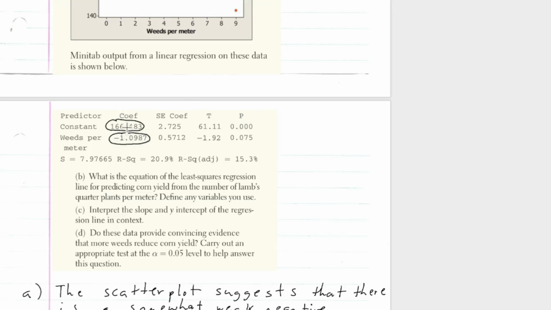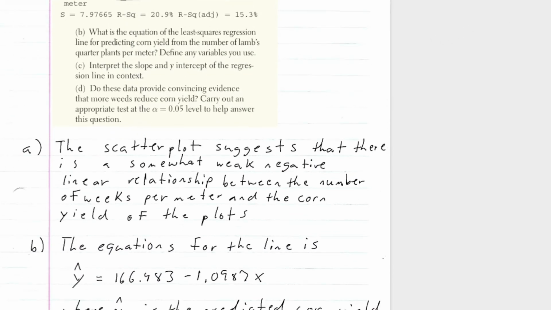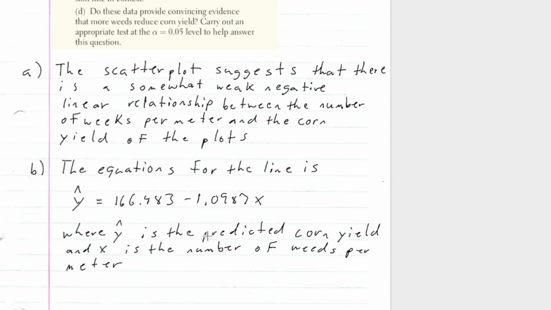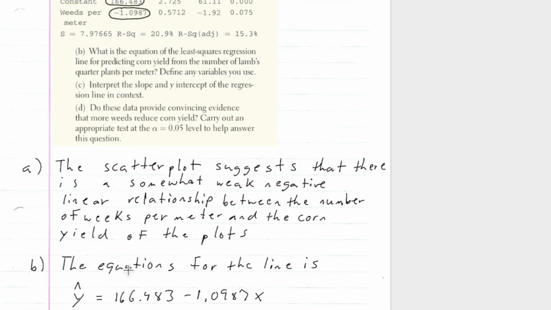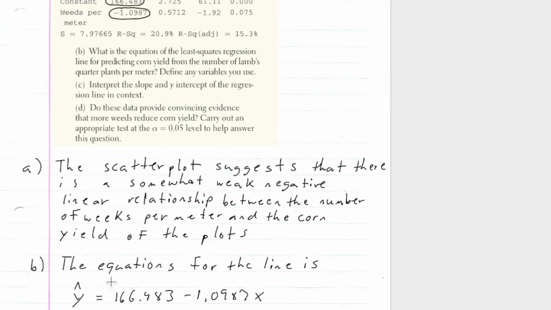So the equation is y hat equals 166.483 minus 1.0987x, where y hat is the predicted corn yield and x is the number of weeds per meter. So from the Minitab output, that's how we're able to get that.